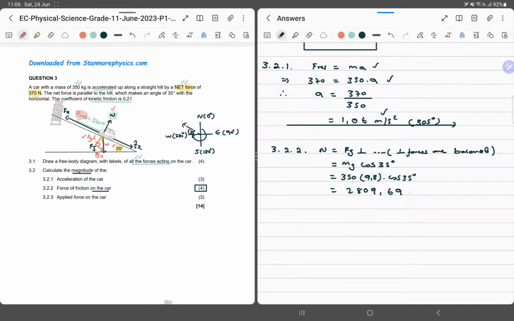Maybe let's make it 2809.69 newtons, because it's an intermediate step, so don't round off to 2 already. Okay, we can say then we know that the frictional force, the kinetic friction in this case, is going to be mu k times the normal force. Now we were told this is 0.21. Now we just calculated this one.